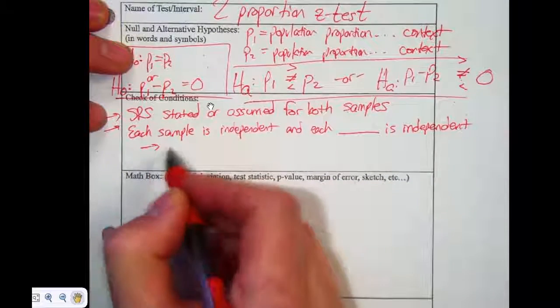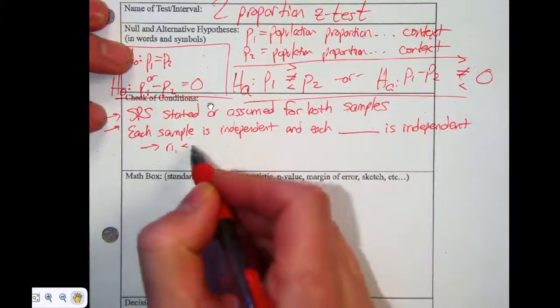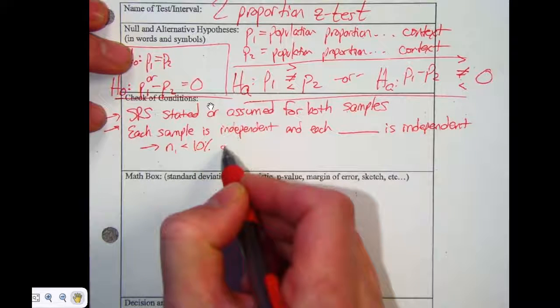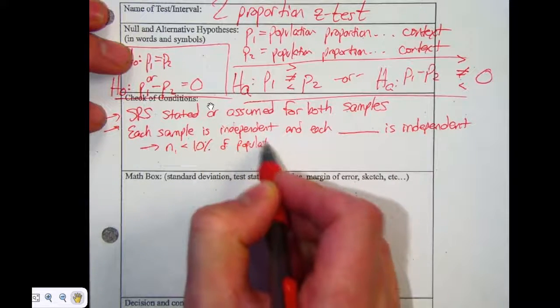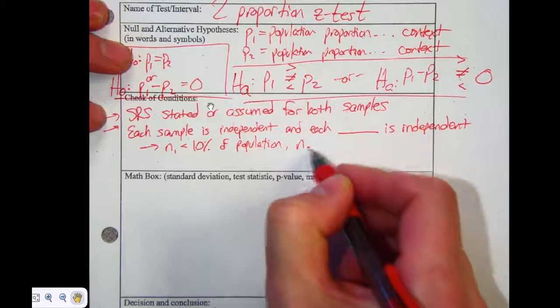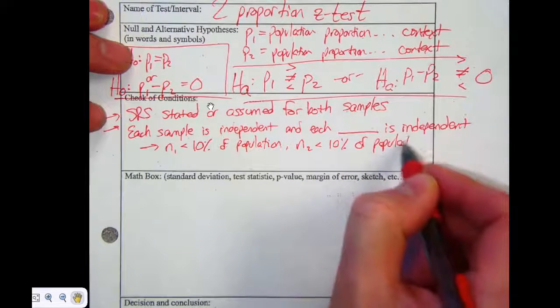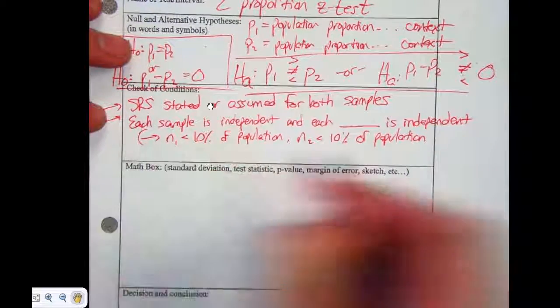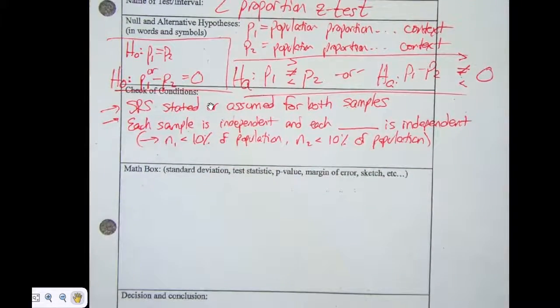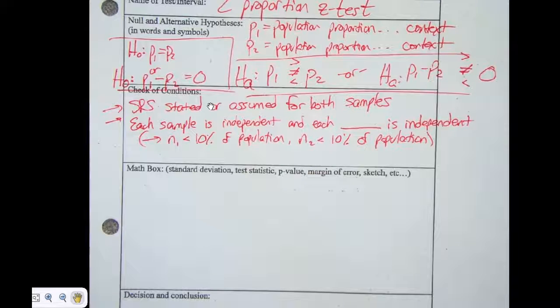And for this one, you could go like N1 is less than 10% of population, N2 is less than 10% of population. But you only use that one if it makes sense, so it's kind of optional. Like a second ago, 50 was not less than 10% of the students in my classes, so we didn't use it.